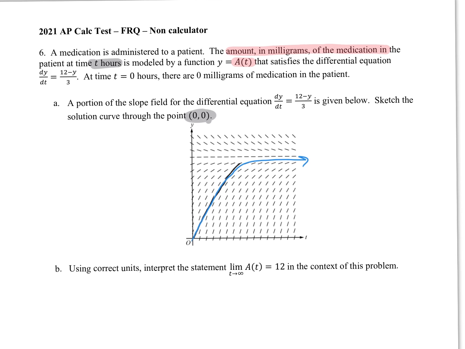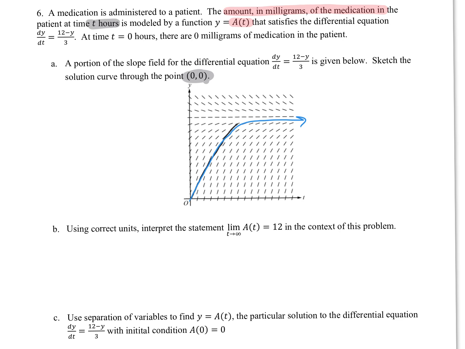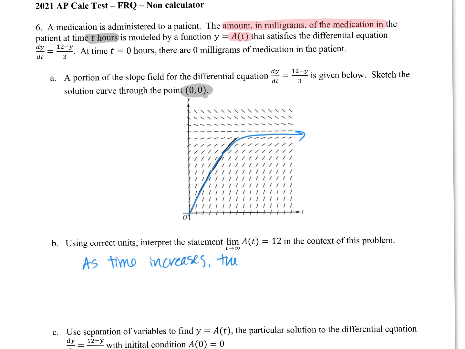As time increases, the amount, and again, we're just using the words that they gave us right here, the amount of milligrams of medication in the patient approaches 12.